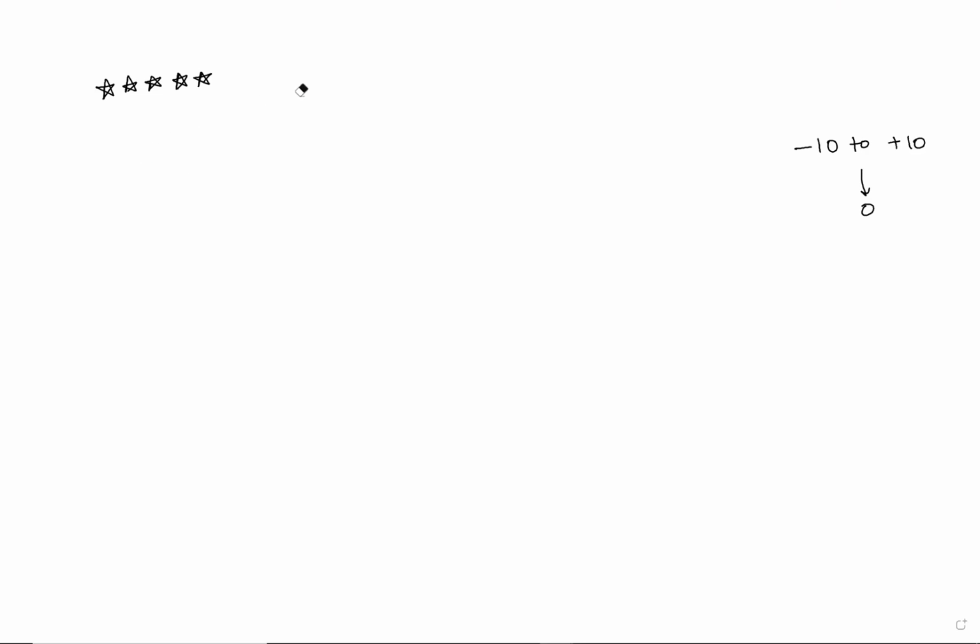The daytime temperature in Antarctica. -10 degrees. Okay, do one thing.